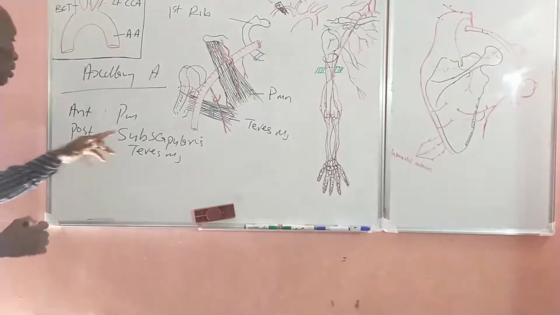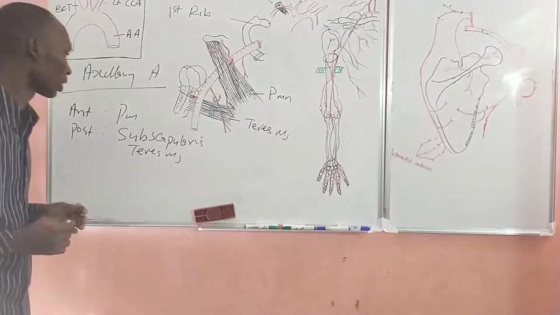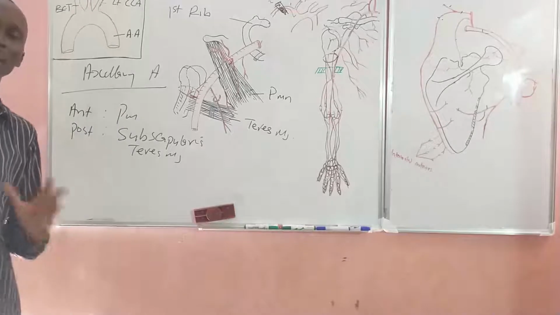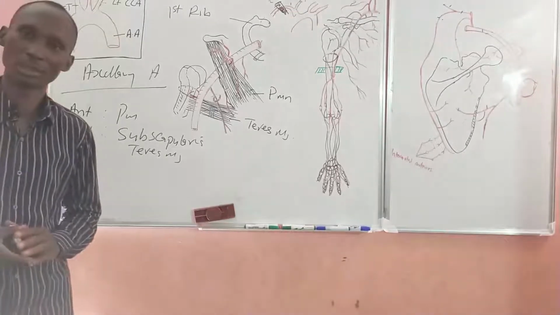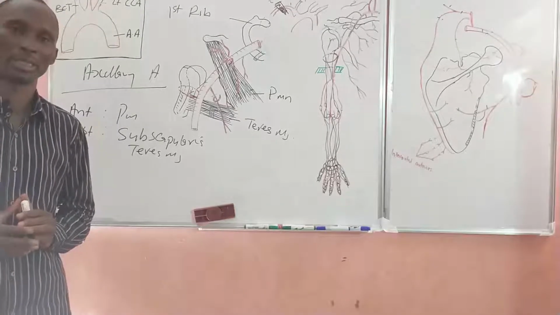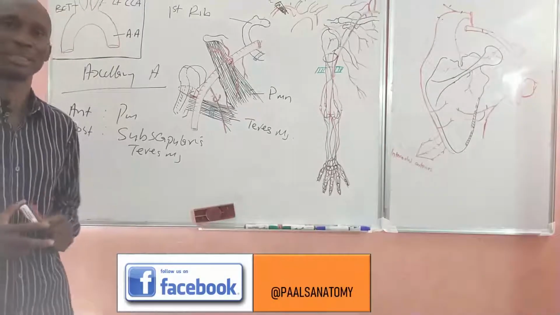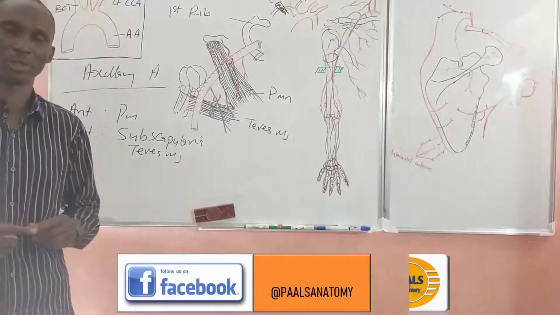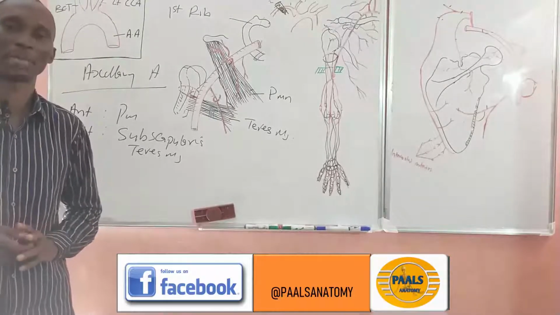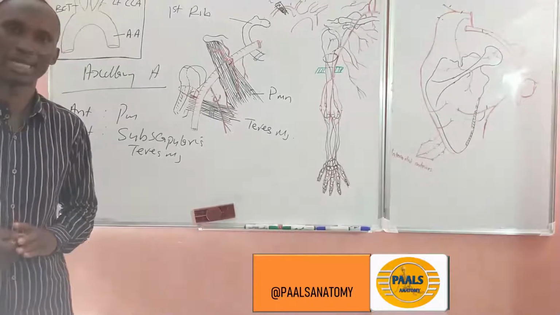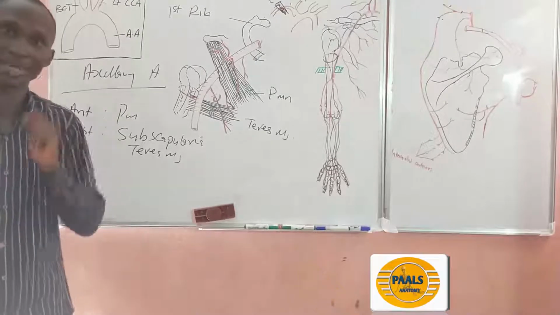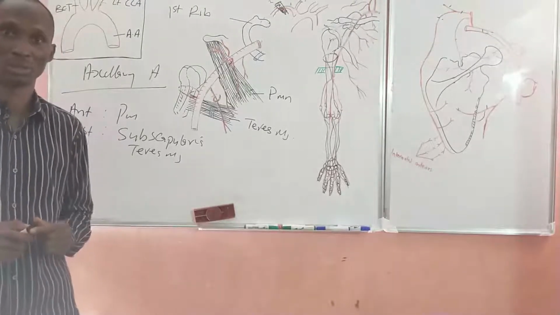Now, the cords of the brachial plexus are still tagging along the axillary artery, but at this point, the cords can no longer be seen in the third part because they have already given off their terminal branches. So what we'll be seeing now will not be the cords, but the branches that come from these cords.